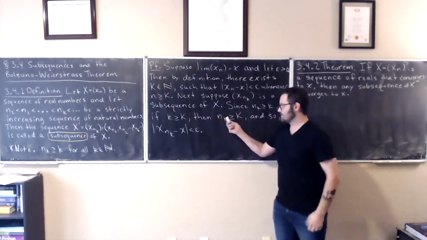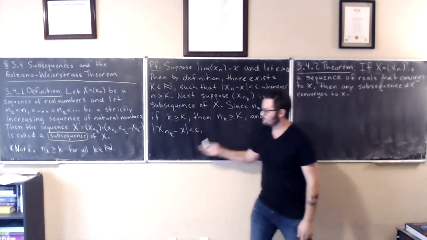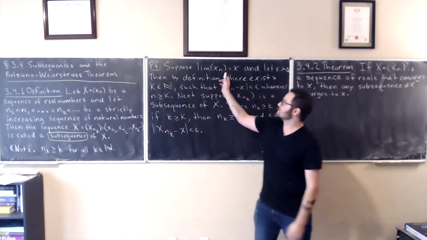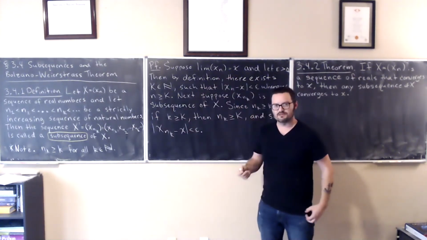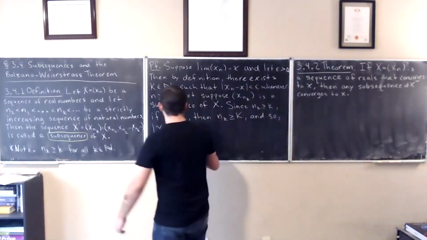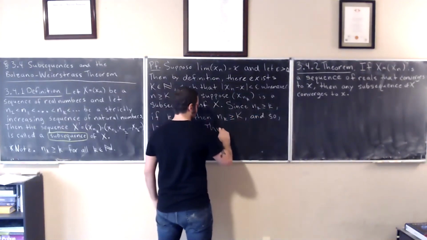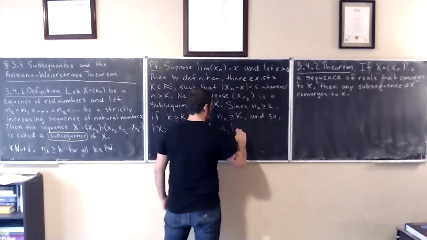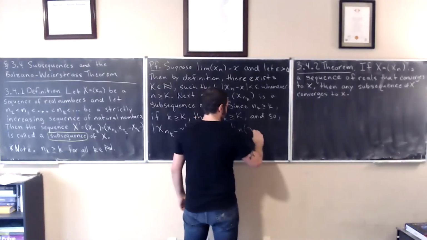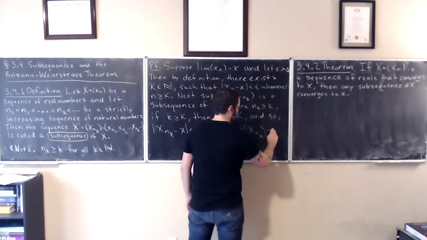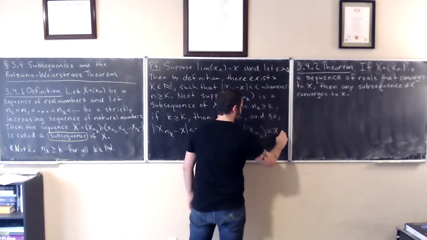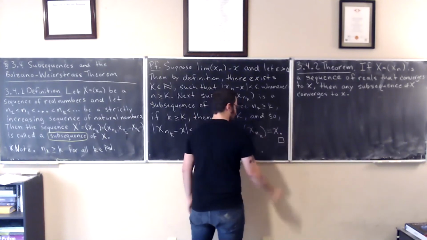So if that index is greater than or equal to K, then we know the terms from that sequence have to be within distance epsilon to the limit. Thus, the limit of the subsequence also equals x. Here you go.